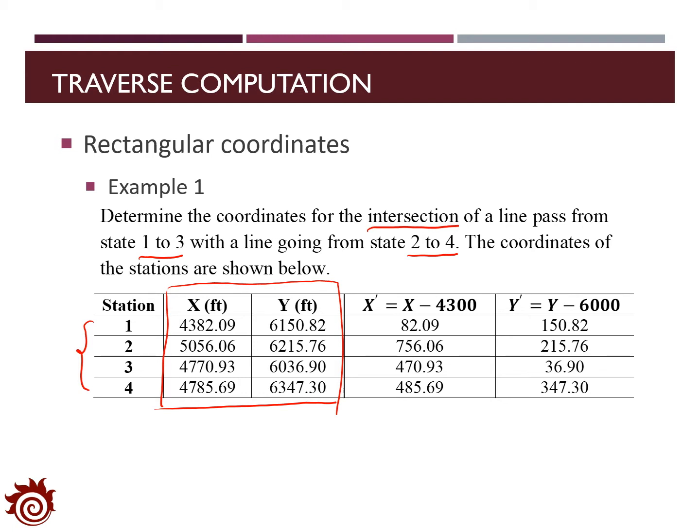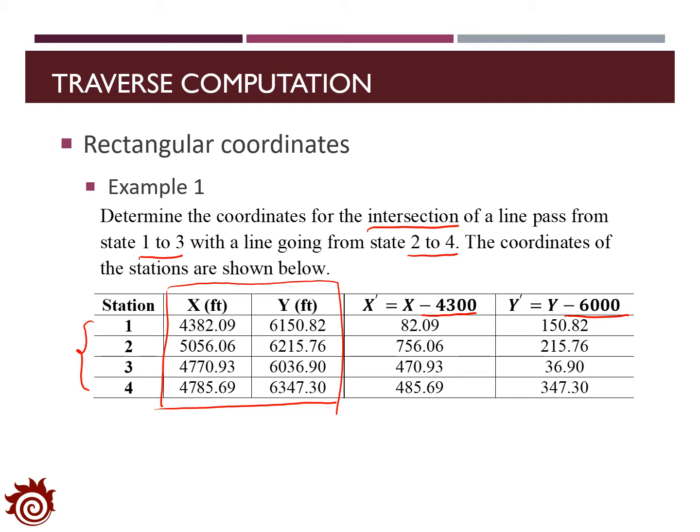So in order to simplify the computation, we will try to reduce the number. The way for us to reduce the number is that we will apply the reductions for both x and y coordinates. In this case, we can reduce x coordinate about 4300. For y coordinate, it could be reduced about 6000.